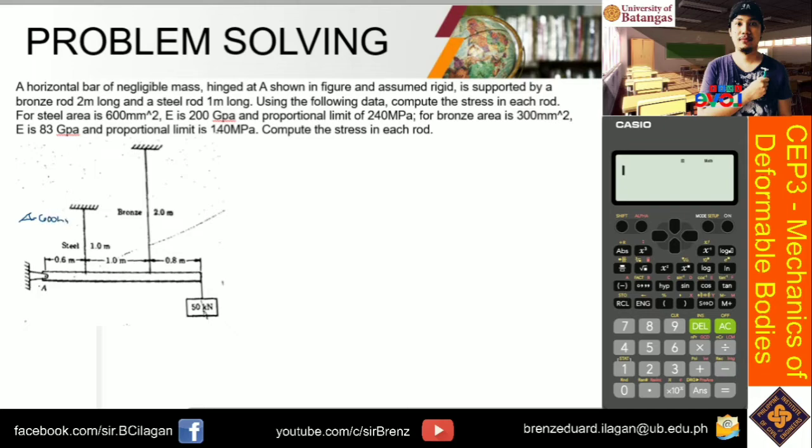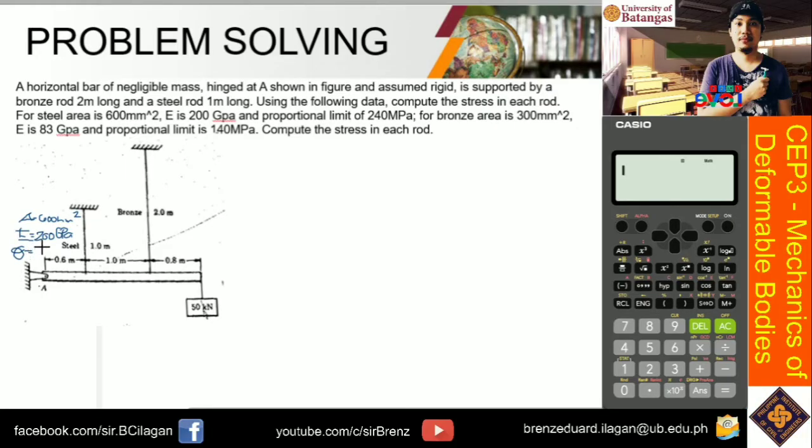And the modulus of elasticity. So ito guys, kung mapapansin nyo, pare-pareho lang naman yung value niya. So pakitandaan na lang ng mga value ng modulus of elasticity for steel, bronze, and aluminum, just in case na hindi ibigay, at least alam nyo. Okay? And the proportional limit, later on i-discuss ko kung para saan ba itong proportional limit na ito.